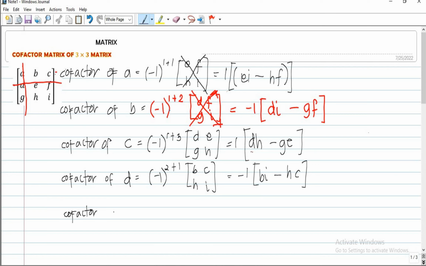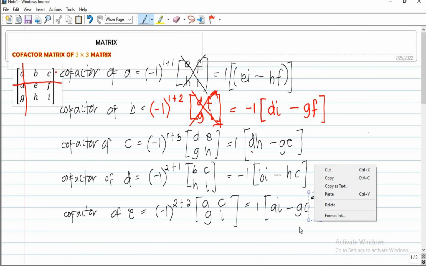Cofactor of E is equal now to negative 1 raised to 2 plus 2 multiplied that by A, C, G, I. ACGI is equal now to 1 multiplied by AI minus GC.